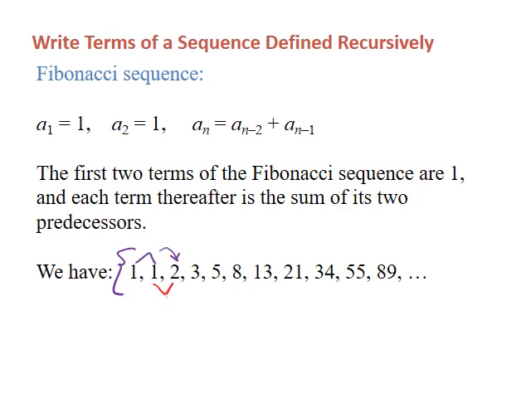We add these to get this. We add these to get this, and so on and so forth. And that's represented in this way here. So this is the Fibonacci sequence.